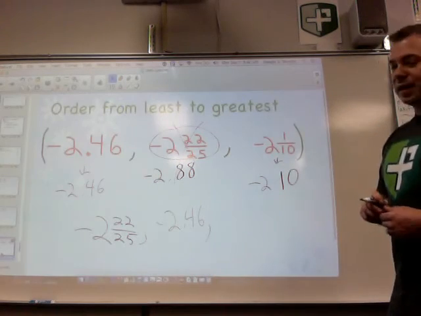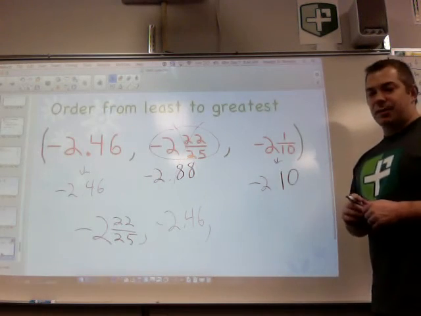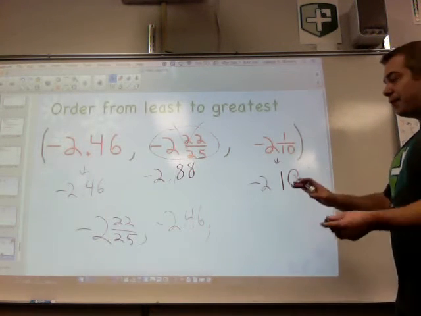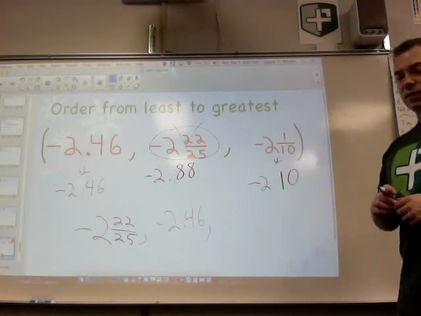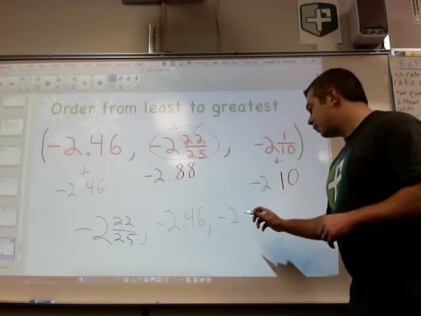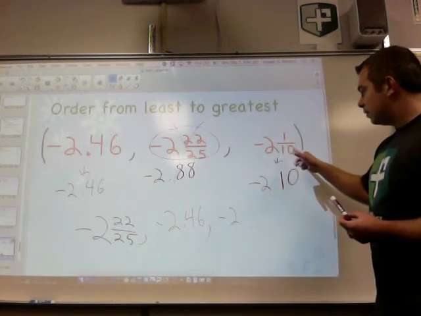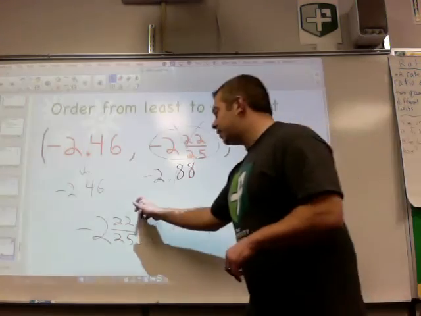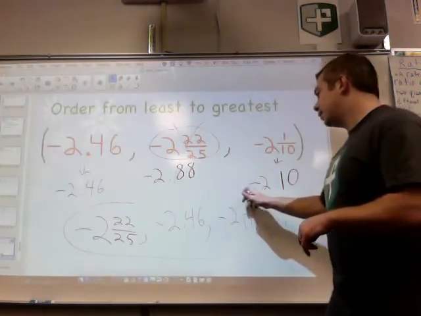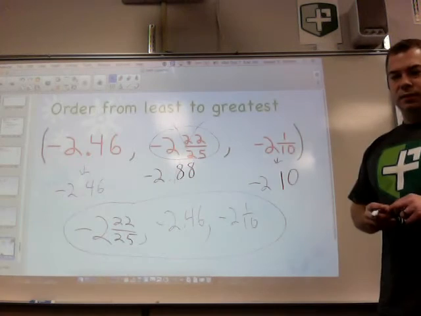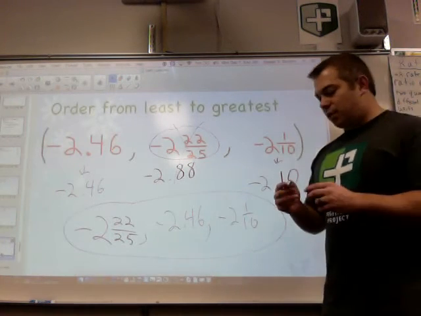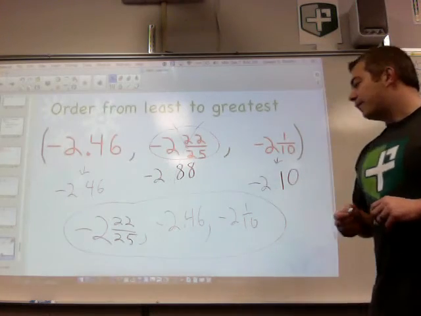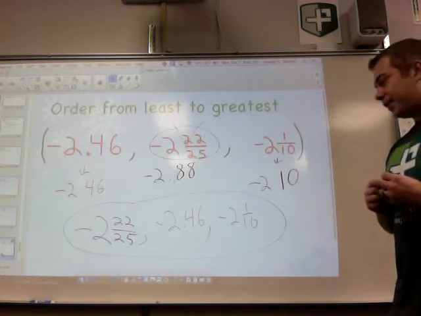And that means that the one that's closest to 0, the highest number, the one that's furthest right, is going to be negative 2 and 1 tenth. Oh, but I have to rewrite it just like in the fraction form how it came. So this right here is my answer from least to greatest. Negative 2 and 22 over 25, negative 2.46, and negative 2 and 1/10.